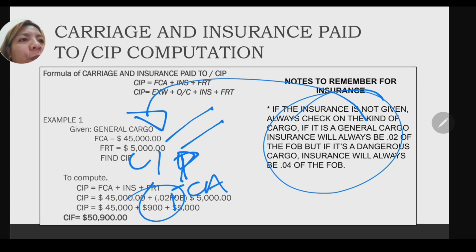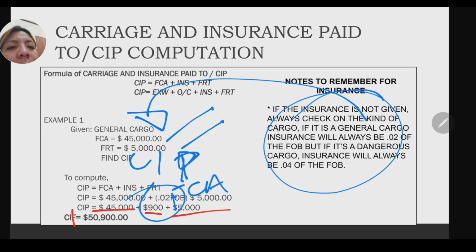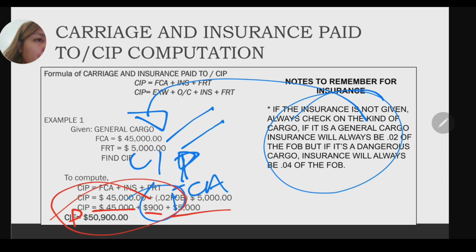Then when you substitute the values, FCA 45,000, insurance 900, and your freight 5,000, you'll get the value of your CIP as 50,900 US dollars.